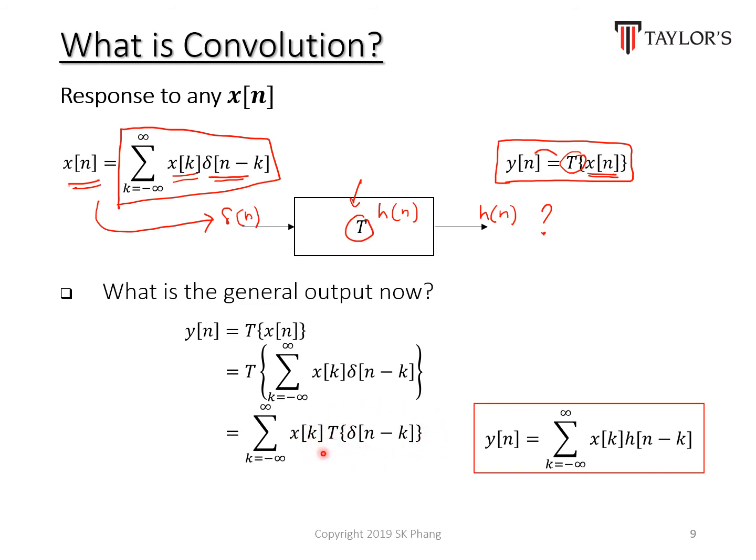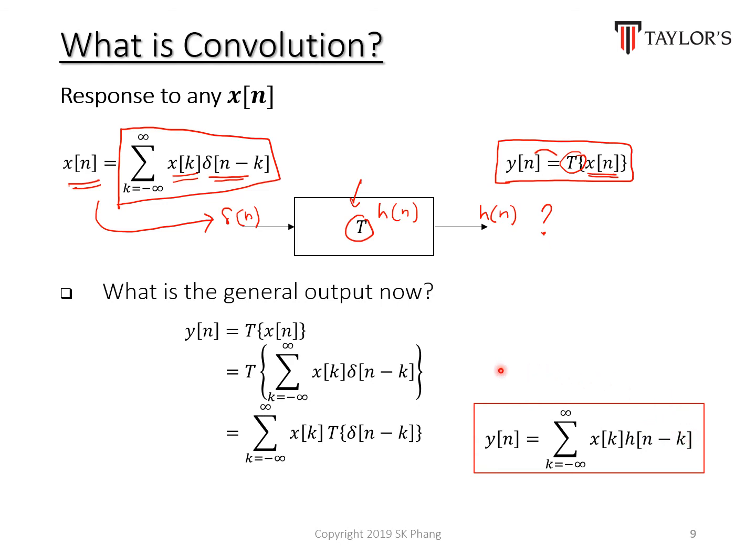Now, the transformation of an impulse, as you learned in the previous slide, is just equal to h[n], which is our impulse response. And finally, we can write the output of the system as a summation of the input of the system at a certain time k multiplied by the impulse response of the system at that particular time, so h[n minus k] over here.